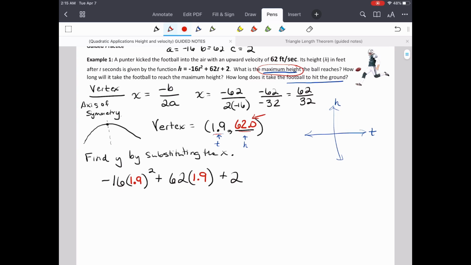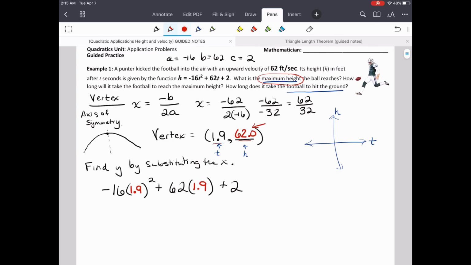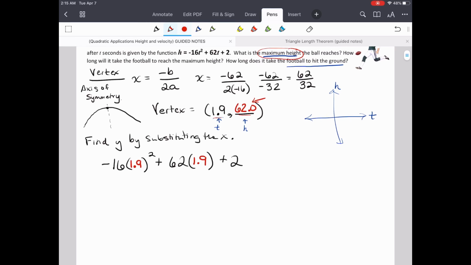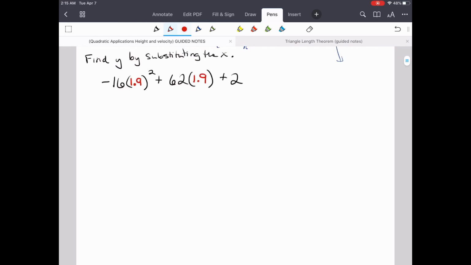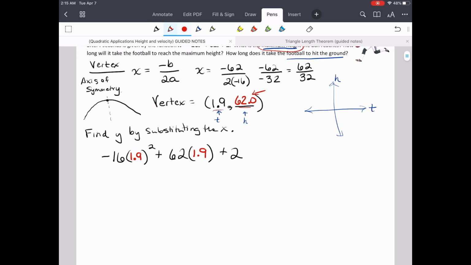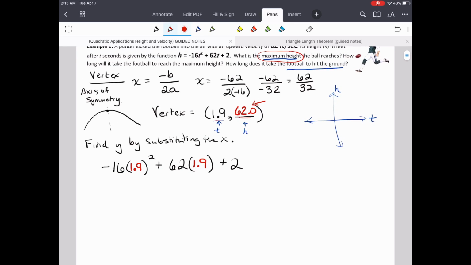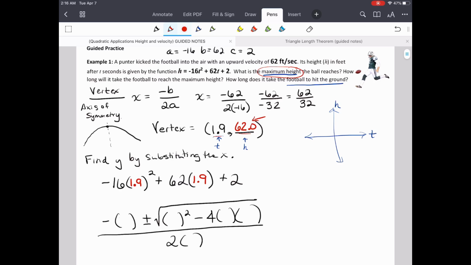All right, so let's keep going with this. Now we need to figure out how long it's going to take to do all those things. Here's where it's a good idea to find the roots, and if we're finding roots, we're probably going to want to use the quadratic formula. So our b value is 62, our a value is -16, and our constant is 2.